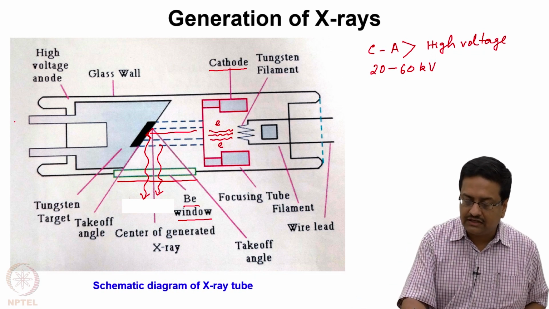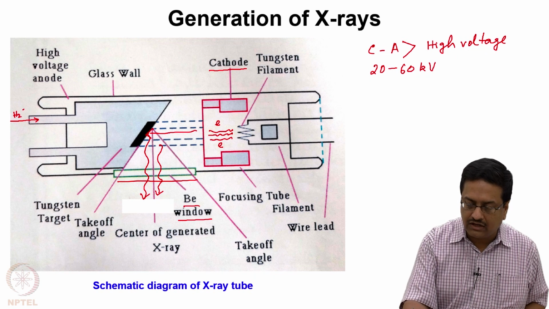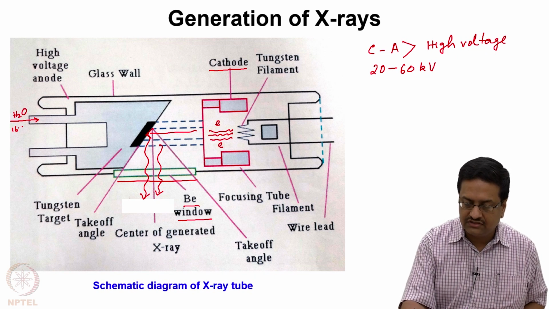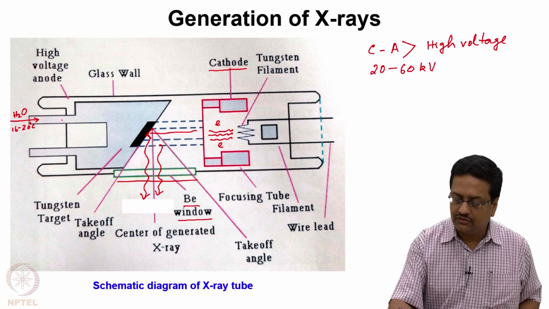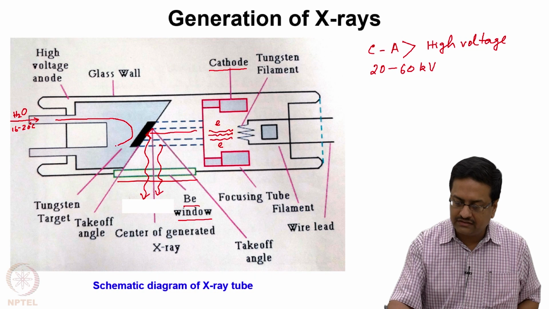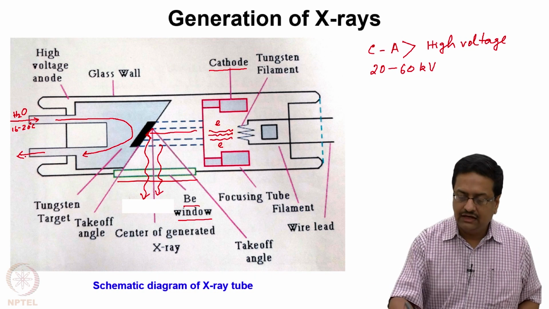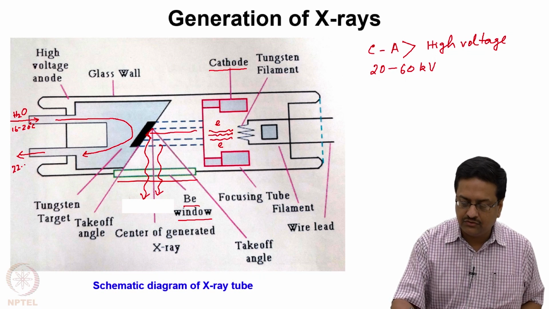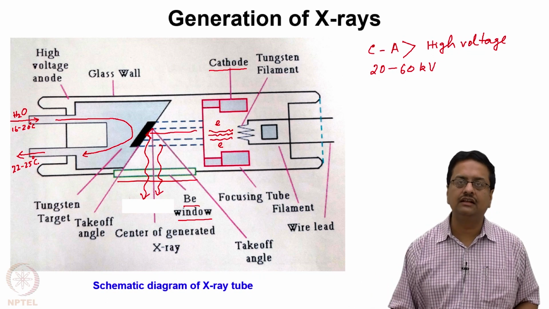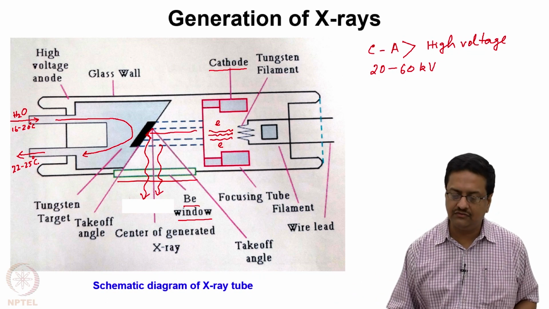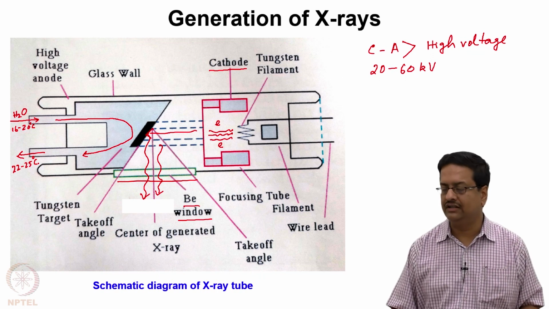So to cool that metal target, we need to supply cold water at about 16 to 20 degrees centigrade, so that the cold water goes in, cools the backside of the anode and comes back through a tube at slightly elevated temperature like 22 to 25 degrees centigrade. And then this water is circulated using a water circulating chiller which maintains the temperature of the input water at about 16 to 20 degrees centigrade.